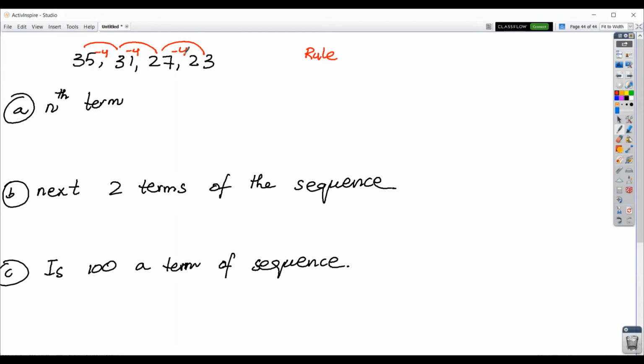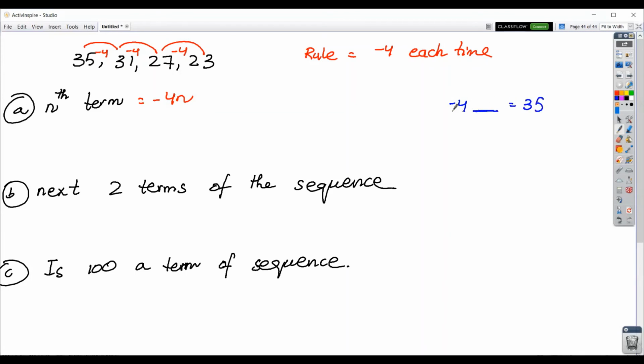Now, to find the nth term of the sequence, you start by writing down whatever the rule is. So the rule is minus 4 each time. You start with minus 4n. Now, we ignore the n for now, and what we have is minus 4. To this you add or take away some number so that you get the first term to be 35.